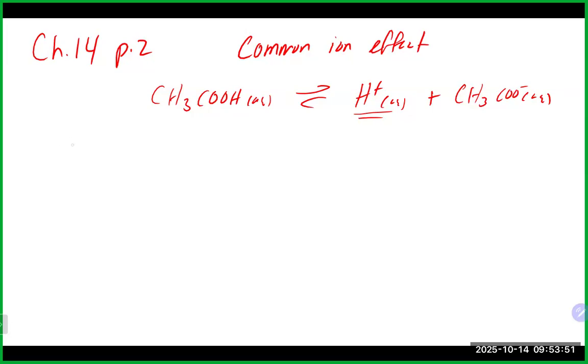When we add something else in there with it, like sodium acetate, it is not going to set up an equilibrium because it's a salt. It's a strong electrolyte, and it will break apart into sodium ions and acetate ions.